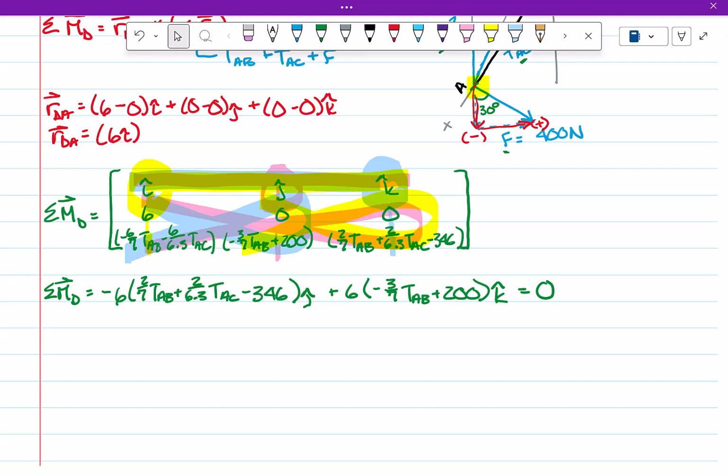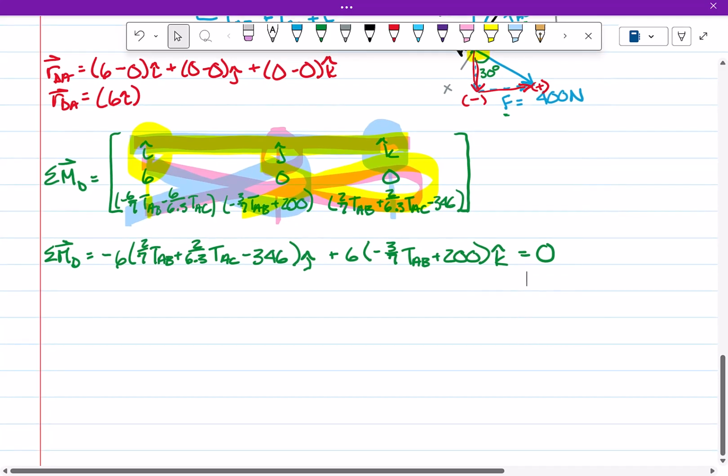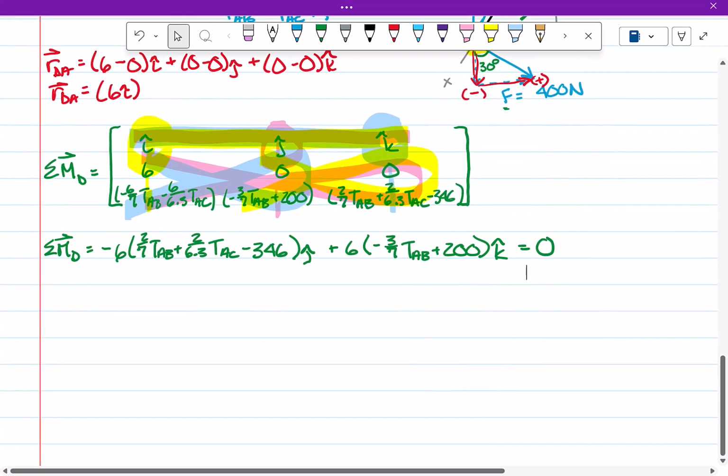I'm going to start with the k component because clearly I can solve for the tension in AB using the k component. So we have 6 times negative 3/7 TAB plus 200 equals 0.